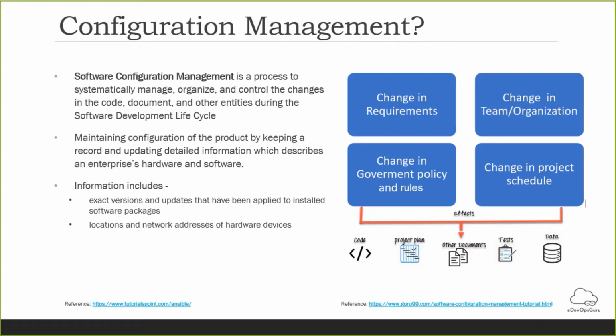This is basically a configuration which we need to maintain for all the systems or all the codes or all the records in a simplified way. So that information includes the exact versions and updates that have been applied to install software packages, their locations and network addresses of hardware devices.